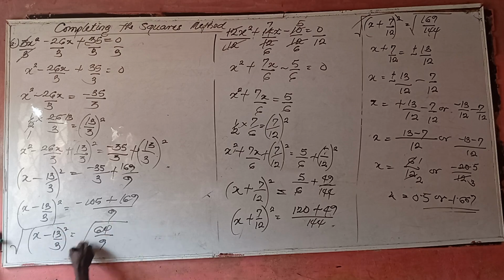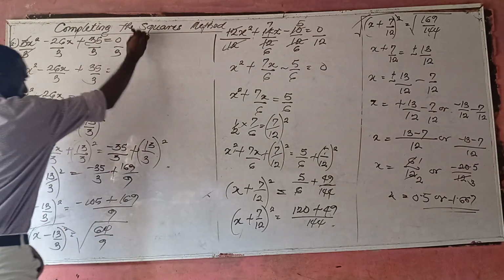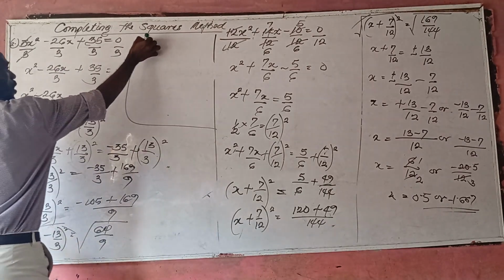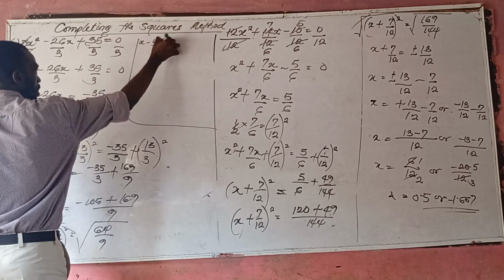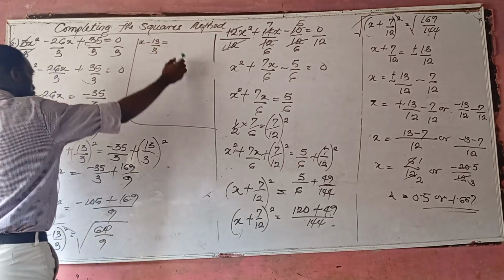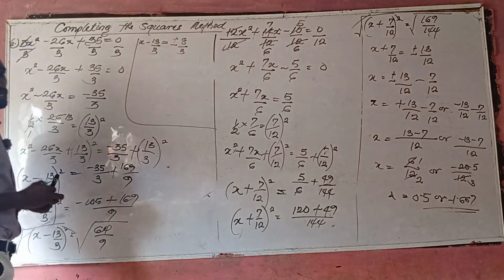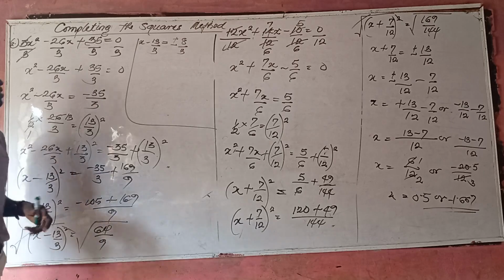Take square root of both sides. So from here we have x minus 13 over 3 is equal to square root of that, plus or minus 8 over 3. Do you all agree? All right.